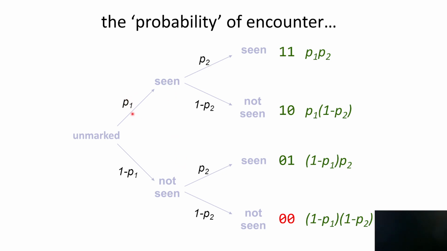So P1 is the probability that the first time you reach into the population you encounter or grab or see the individual. 1 minus P1 is the probability you don't. P2 is the probability that you detect them on the second sampling occasion or you don't. 1 minus P2, the probability that you don't, with the corresponding encounter histories and the probability expressions that go along with those.